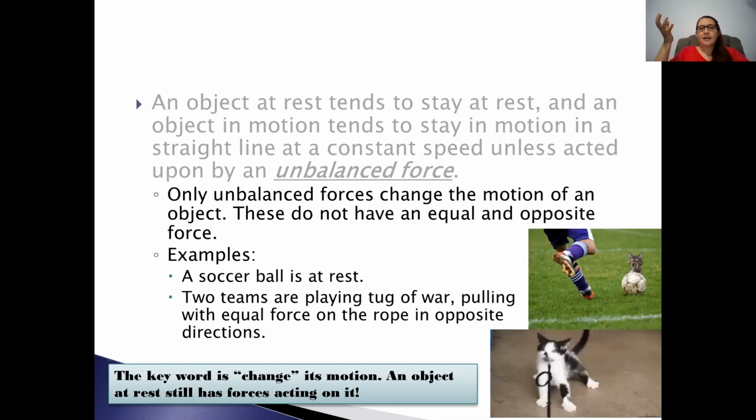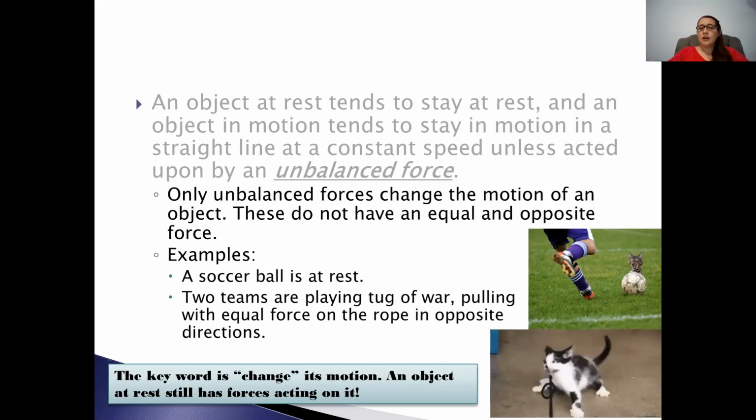If they weren't balanced, if the force of gravity were bigger than the normal force, then that ball would fall right through the earth. And if the normal force were bigger than the force of gravity, then it would be like the ground is launching it up into the air. Neither of those things are happening if the ball is at rest. So that means those two forces are balanced, right? Even though it's at rest, the soccer ball still has forces acting on it.